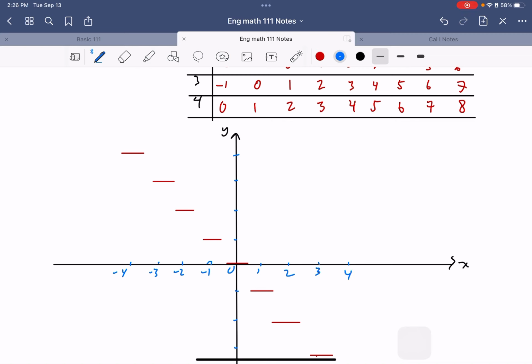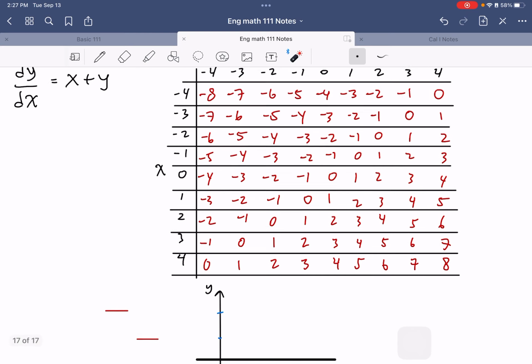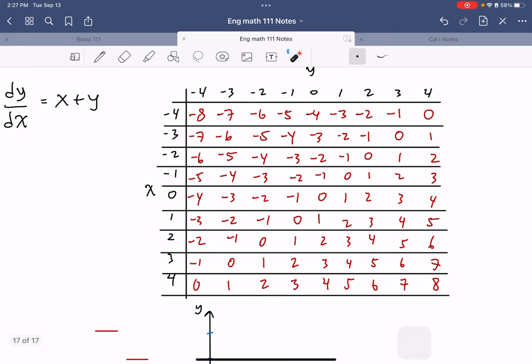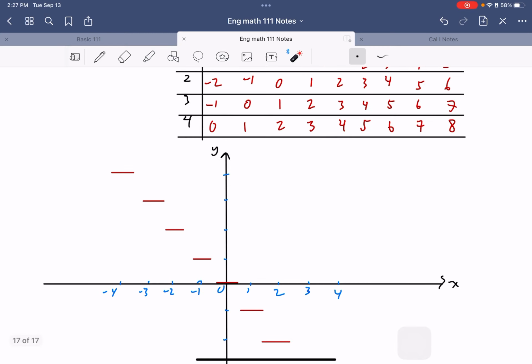Now we can see the -3 and 4 for x. So x + y at -3, 4 is -7. So we are going to have minus slope.